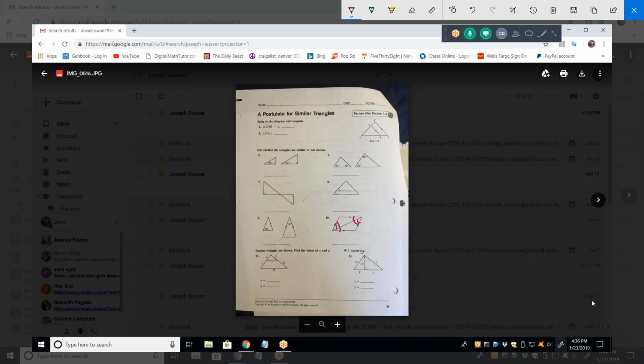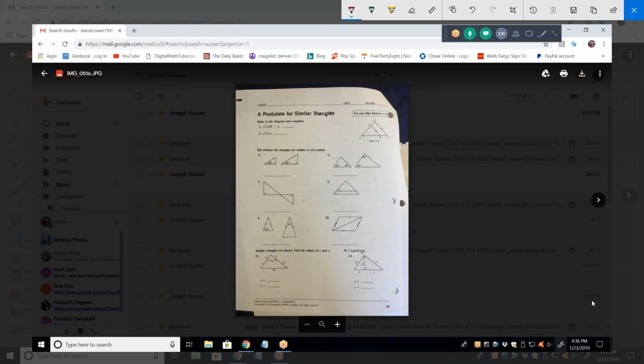So we have angle, angle, and that's really all you need to prove similarity. That has to be true, because if you have two angles that are congruent, then you have angle, angle, angle, if you're dealing with triangles. So you really only have to prove two angles. All right, number 11.